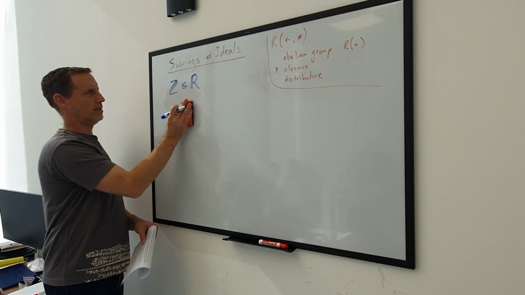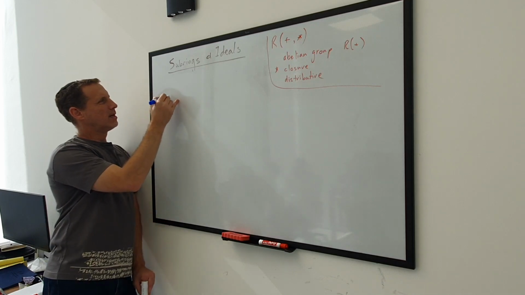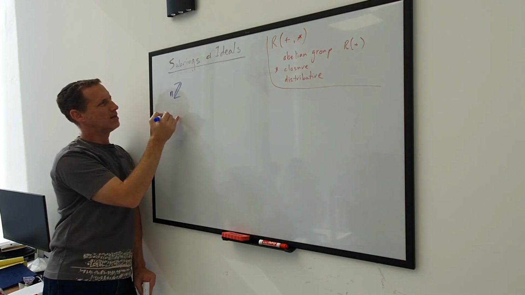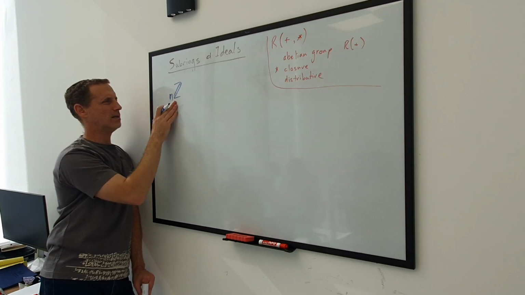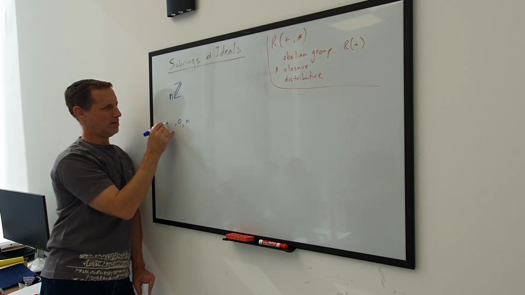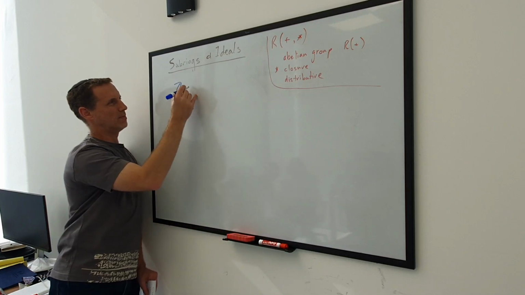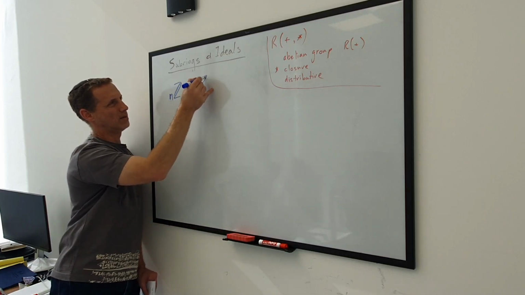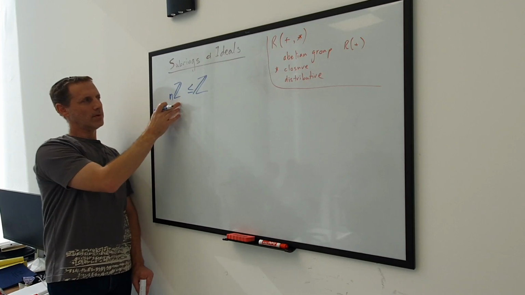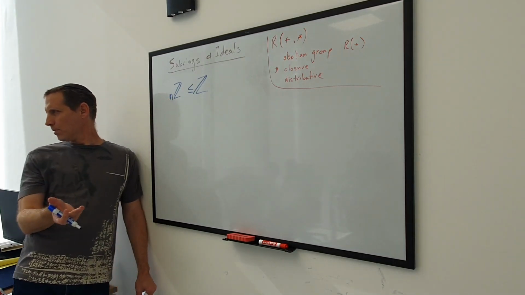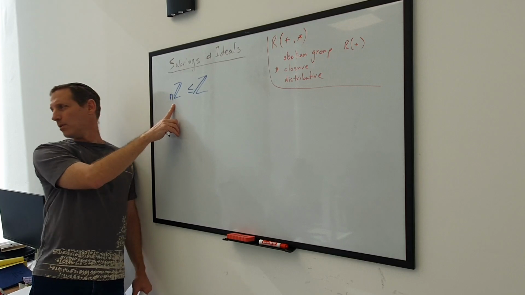Let's do another example. Let's take nZ, which would be 0, n, minus n, and so on. Again, it's got the 0, it's a subgroup, and now let's see what happens when I multiply something from here by something from here.